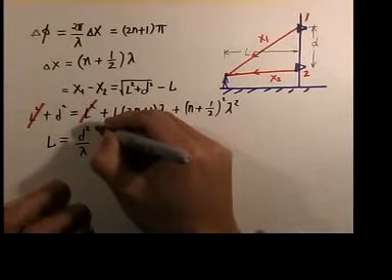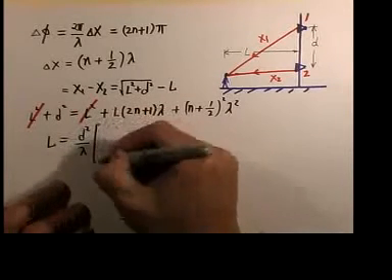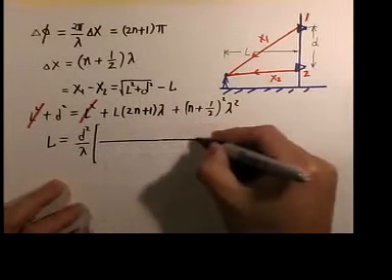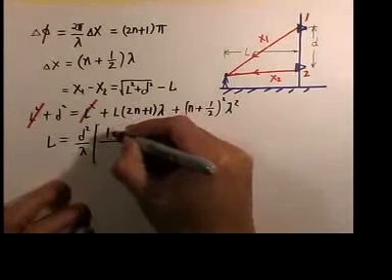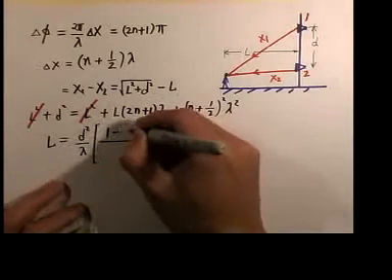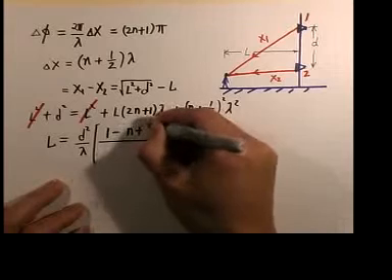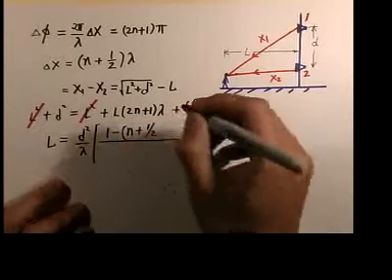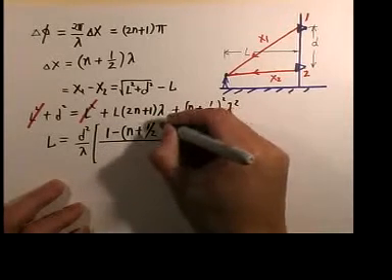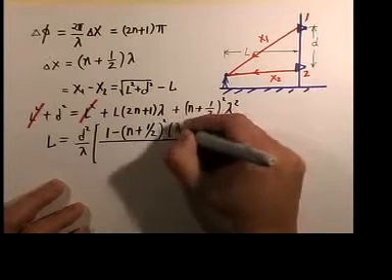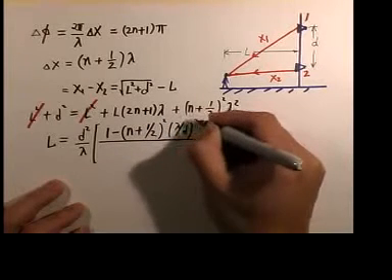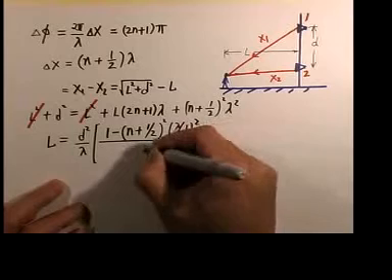And here is the factor: 1 minus (n plus 1/2) squared, and then lambda over D squared, divided by 2n plus 1.